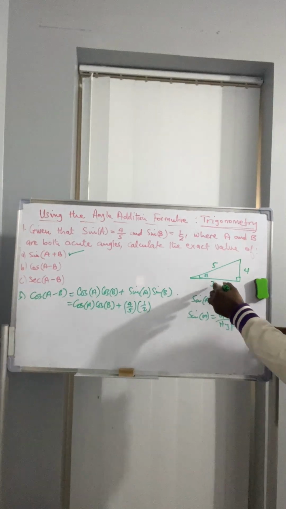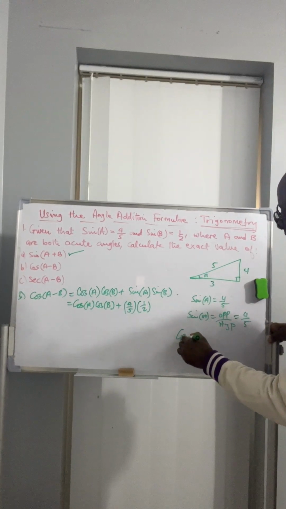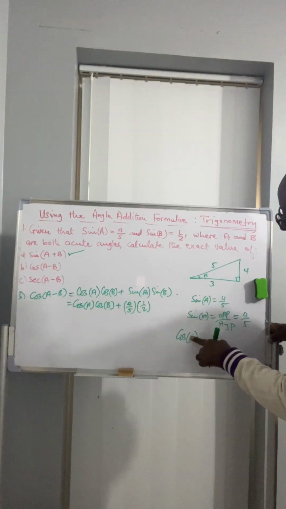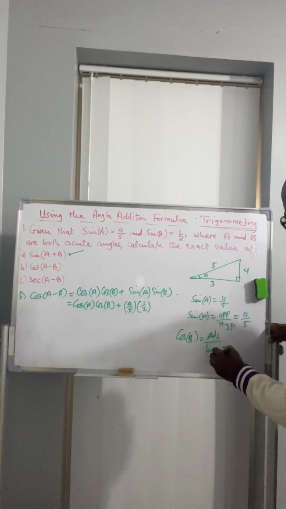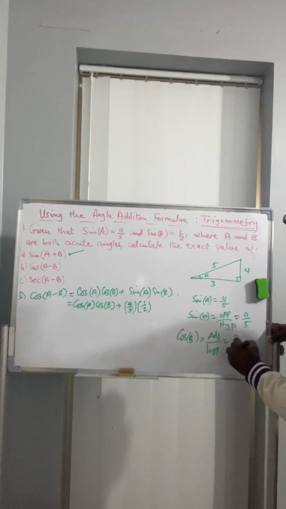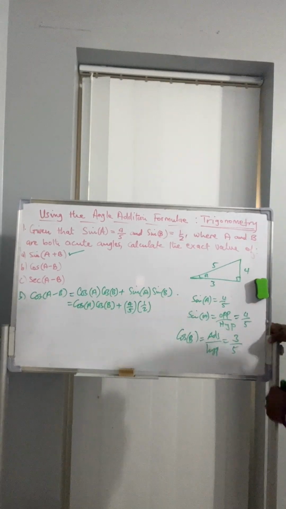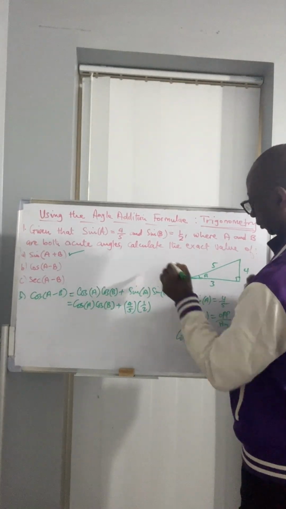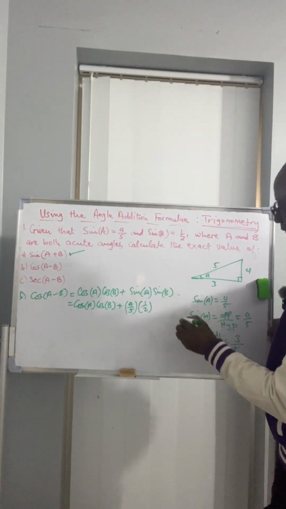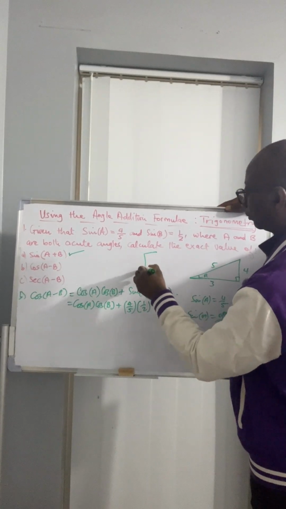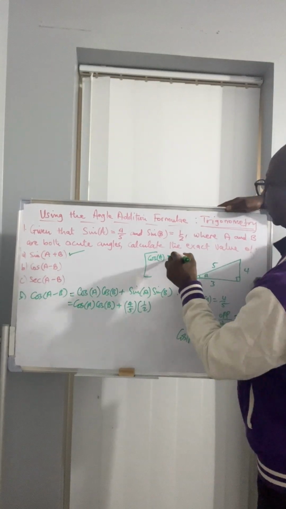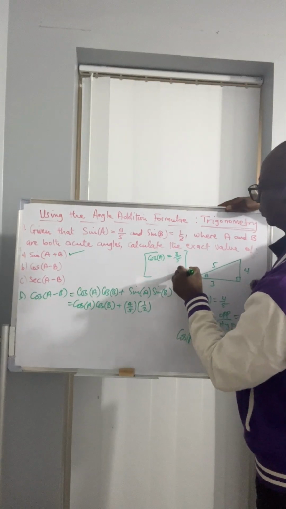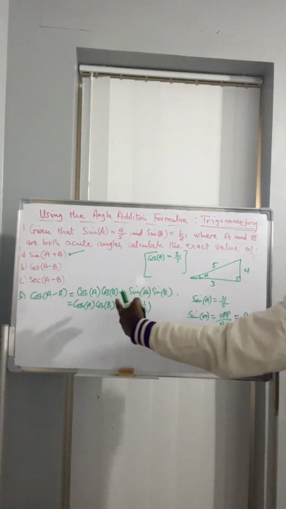So if that side is 3, now we can find the cosine of A, because now we have the adjacent side, and you know the cosine is adjacent side over the hypotenuse. So the adjacent side here is 3 all over, still hypotenuse 5. So we now have cos A. The cosine of A is equal to 3 all over 5. So now we know this.